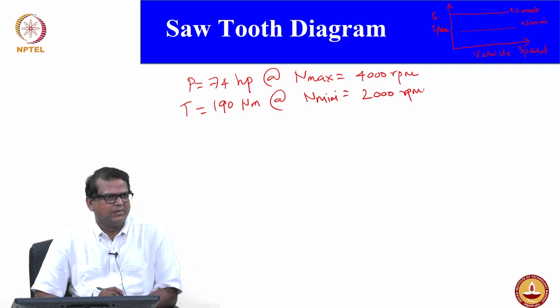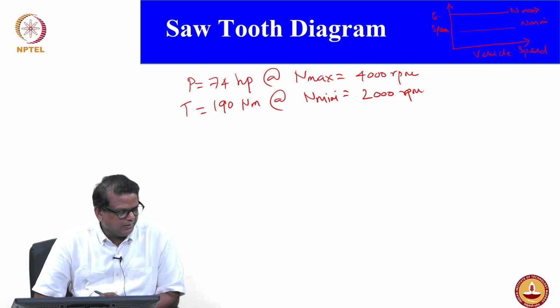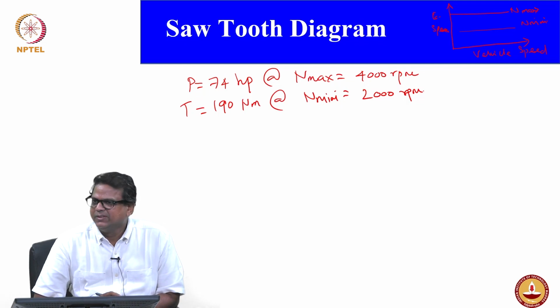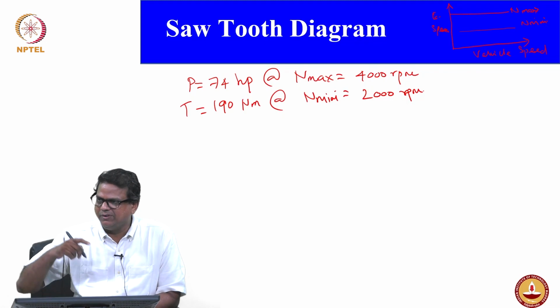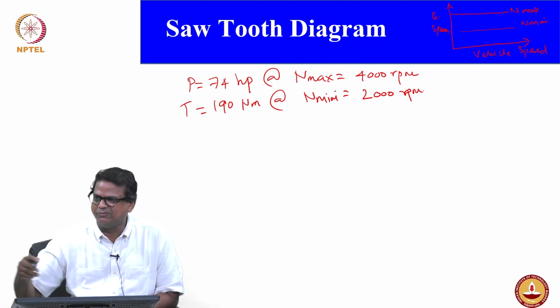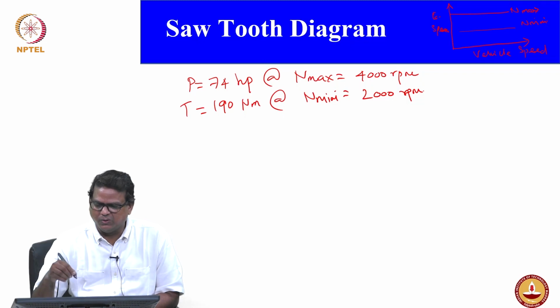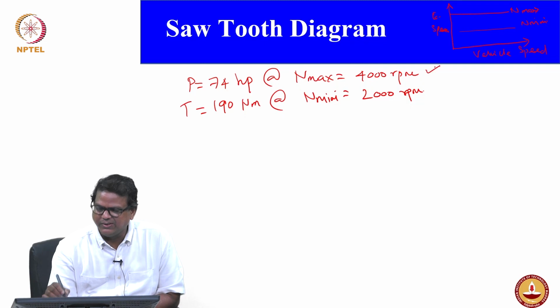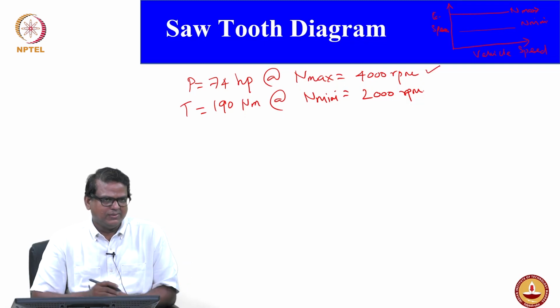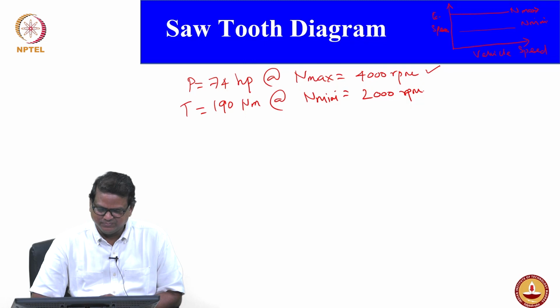So in your calculation, which speed should we take, 4000 RPM or 2000 RPM? We should take the higher speed, then only we know how much range the vehicle can move in first gear. There is no point taking the minimum speed. So it is always better to use the higher speed for the sawtooth diagram.